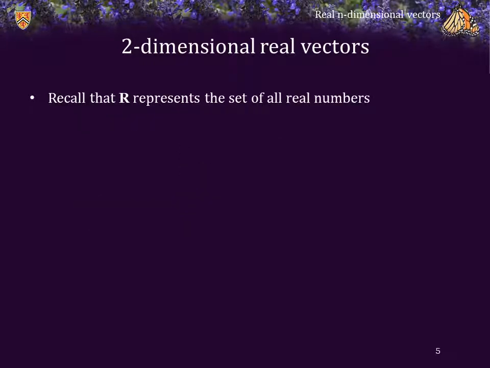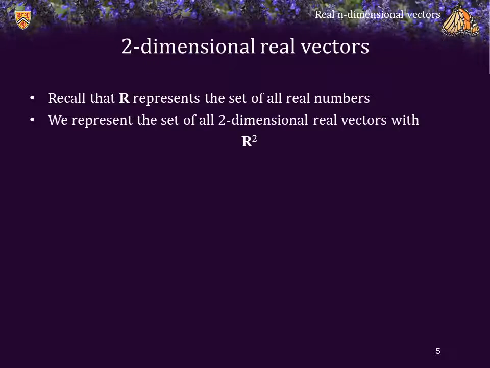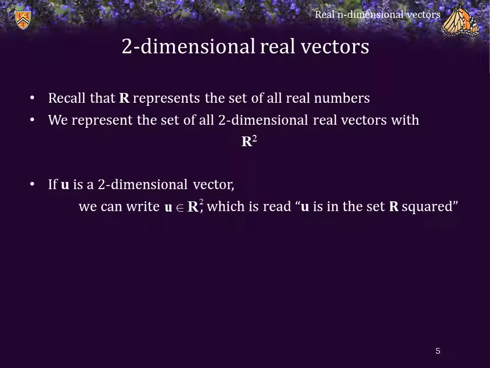And now recall that boldface R represents the set of all real numbers. We are going to represent the set of all two-dimensional real vectors with boldface R squared. So if u is a two-dimensional vector, we can write u an element of R squared, which is usually read as u is in the set R squared.